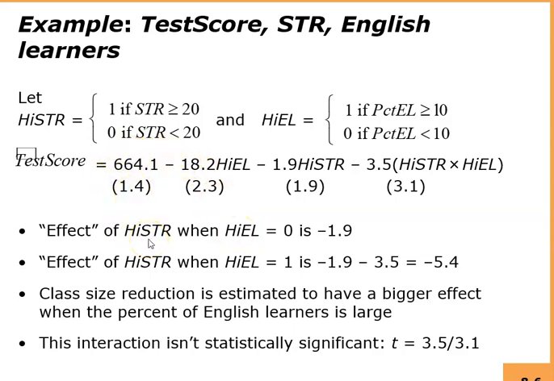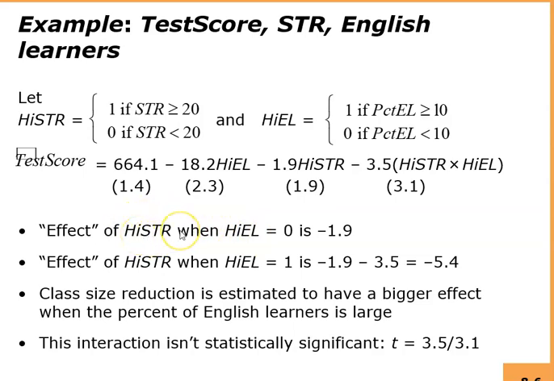For the first equation, you will use the value of high EL as 0 and the value of high STR as 1, while in the other equation you will use the value of high EL still as 0, but for the value of high STR you will use 0.